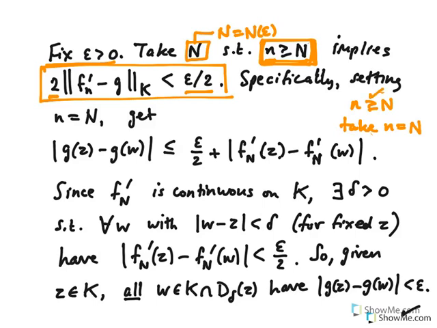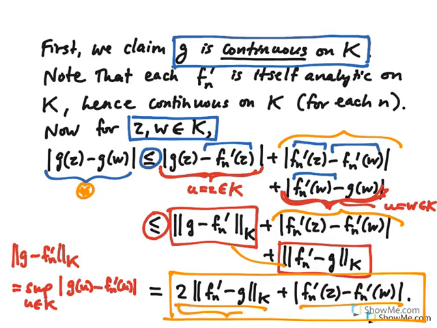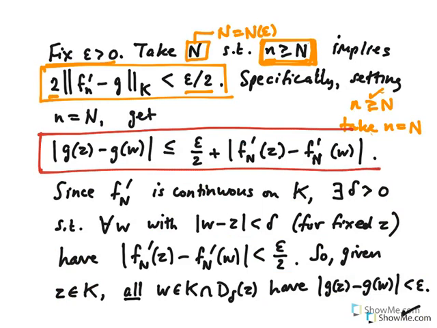And then the thing we got here, where we started with this expression and ultimately saw that it was less than or equal to this expression, well, this piece of it is now less than epsilon over 2. So we get this. And notice that what was a little n is now a big N, because we made that choice.